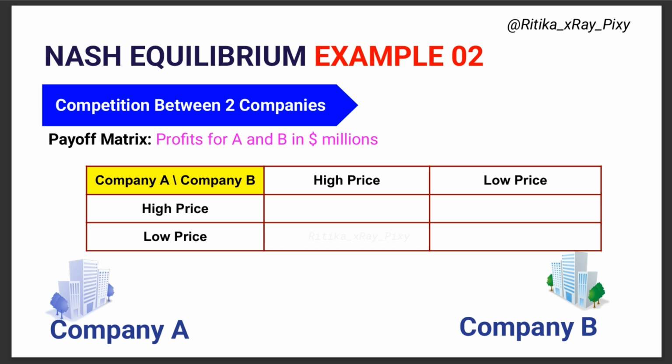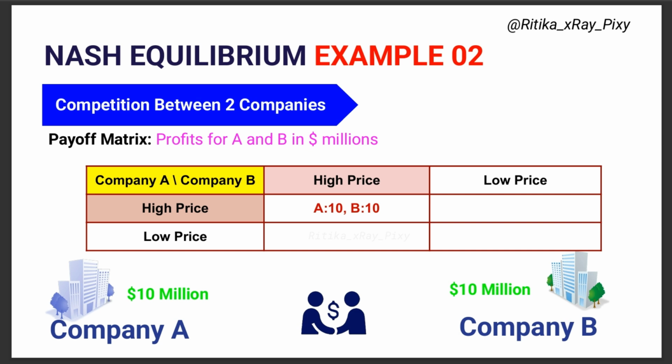Now the first case: if both set high price. Here you can see company A sets high price and company B also sets high price. The value here is A 10 and B 10. It means both companies are making $10 million because they avoid aggressive price competition.